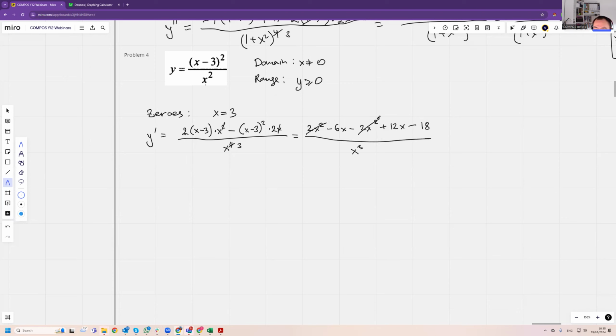Interestingly, this cancels. We've got 6x minus 18 divided by x cubed.